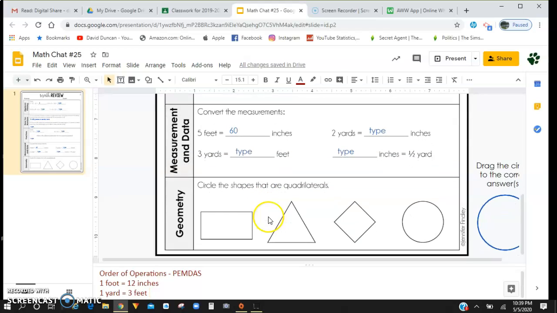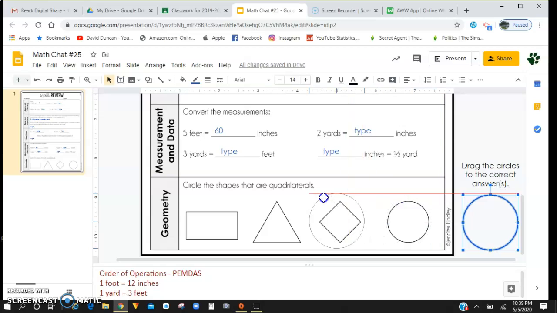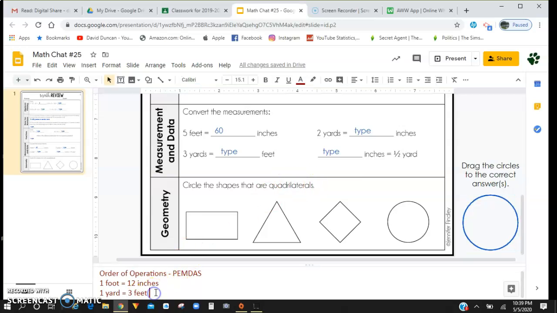Down here it says circle all the shapes that are quadrilaterals, and to circle them on the computer, you are going to want to draw circles around the answers. There are a lot of these circles here, so you're just going to go like that and keep drawing. Quadrilateral, I'm going to write down here for you that quad means 4.